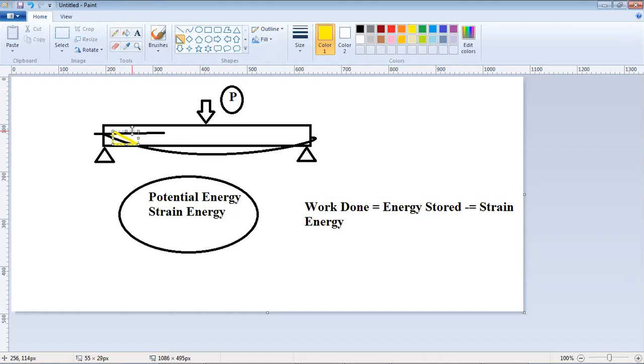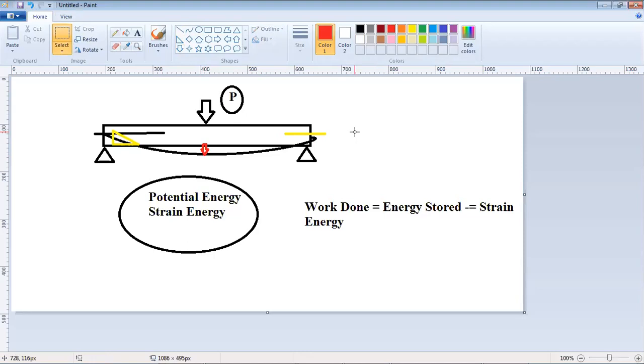There is a slope here. Then there is a slope at this end. And so you have slopes at the two ends. Then you also have deflection, which is happening at the center of this. Now this is the amount of deflection that has happened in the element here.